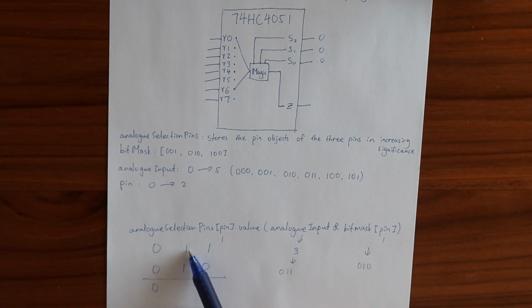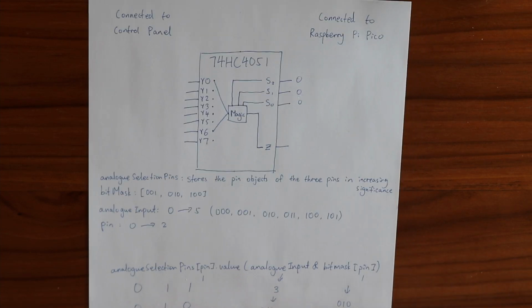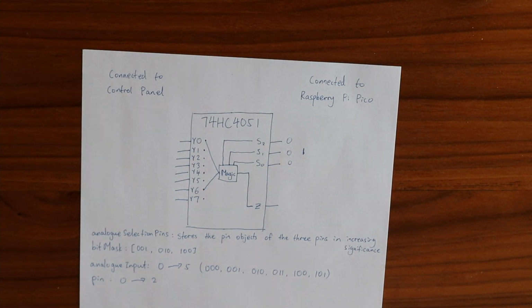And all that matters is the remaining digit, which in this case is a 1. So 1 ANDed with a 1 becomes a 1. And in this case, the number is no longer a 0. Even though it's actually a 2, as long as it's not a 0, which would only happen if the selected digit is a 1 and not a 0, then the pin will turn on. Meaning this pin here will become a 1 as soon as this line is executed.